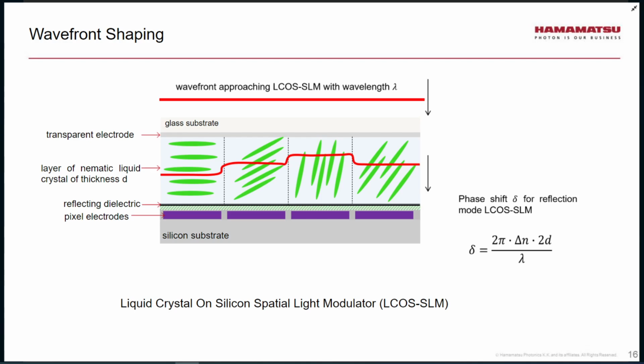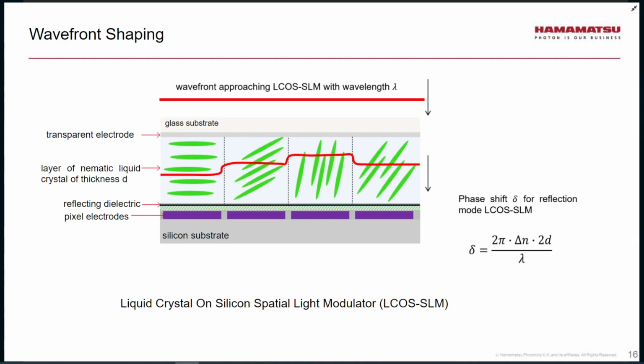Another example of shaping light is wavefront shaping. This is a device with a long name, liquid crystal on silicon spatial light modulator, or LCOS SLM. It consists of pixels. Each pixel has two electrodes, the bottom one shown in violet, and the top one shown in gray. Between the electrodes, you have a liquid crystal whose index of refraction can be changed by applied voltage.